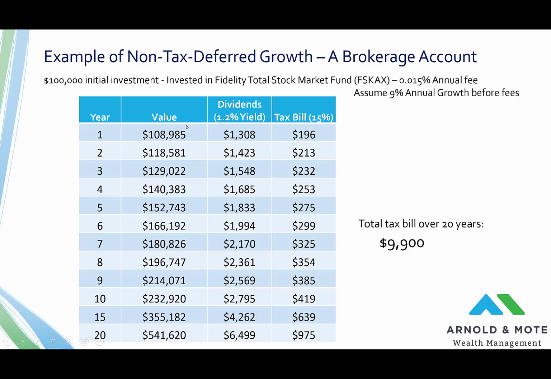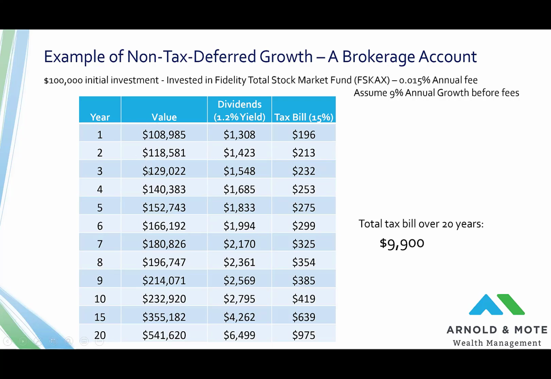And so you are going to get a payment of 1.2% of your value of that fund every year. And if this is not in a tax deferred account, you have to pay taxes on those dividends. This far right column here is showing you your annual tax bill from what started as a $100,000 investment.